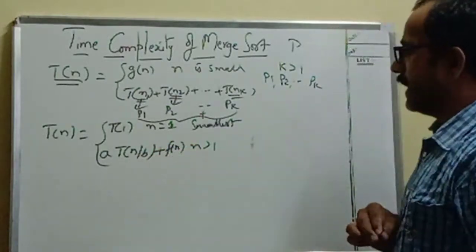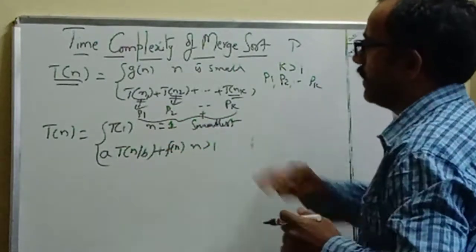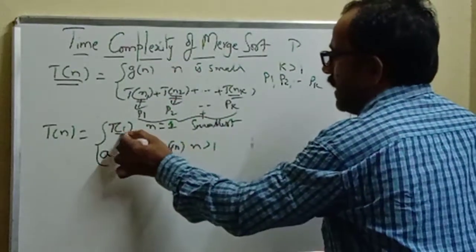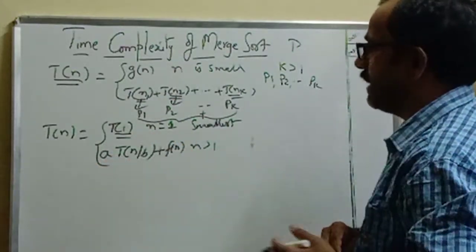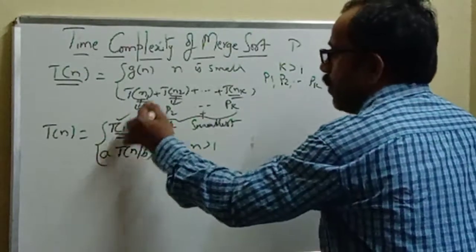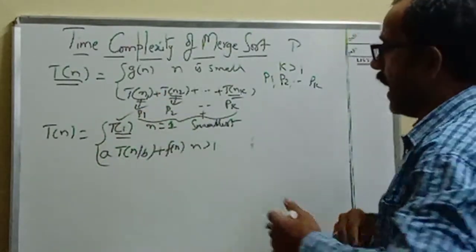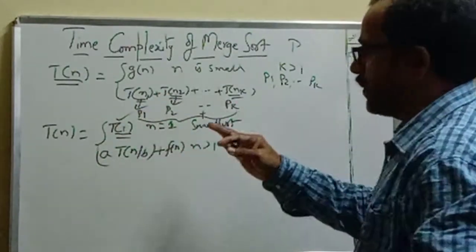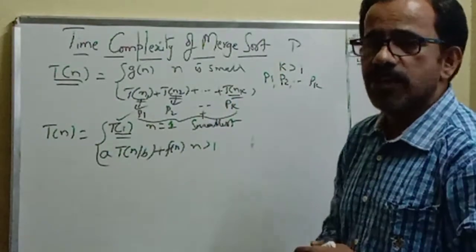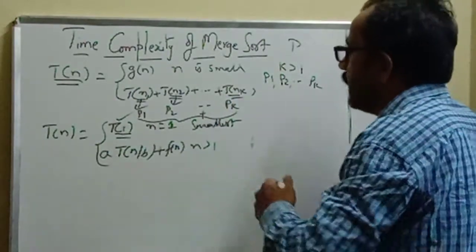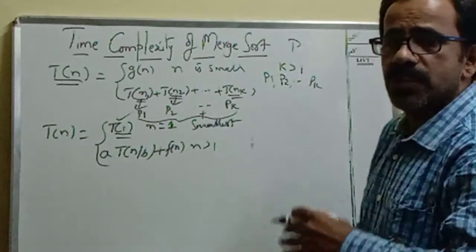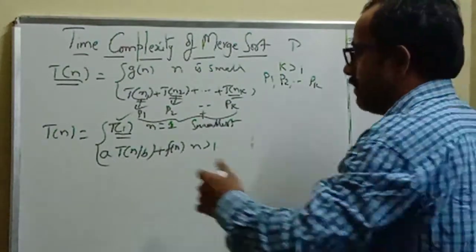we can write the recurrence relation from the above expression. If a one-element problem is there, then for solving it we require T of 1 time. Otherwise, if n is not equal to 1, meaning more than one element is there, in that case we apply the divide and conquer approach and divide the problem into sub-problems. So we express it like that.